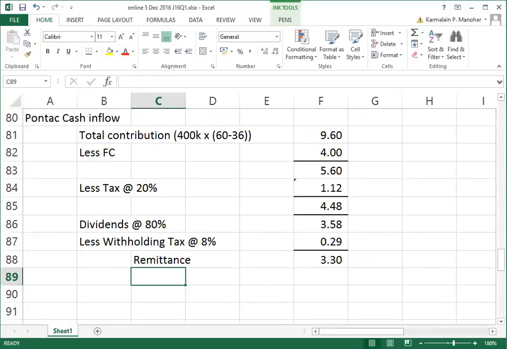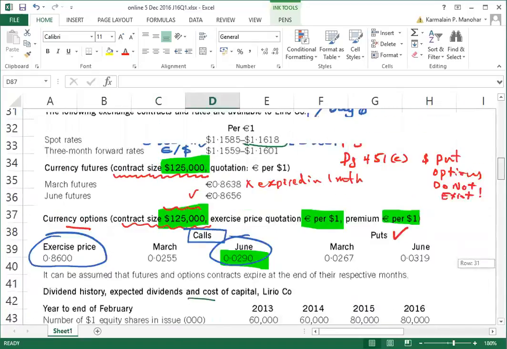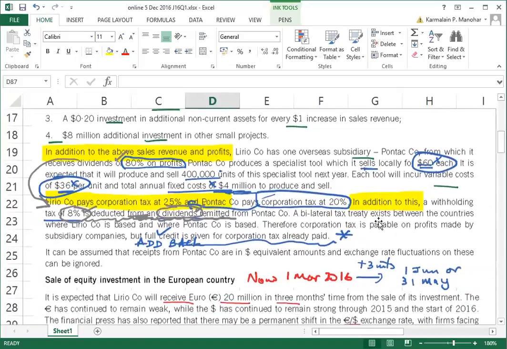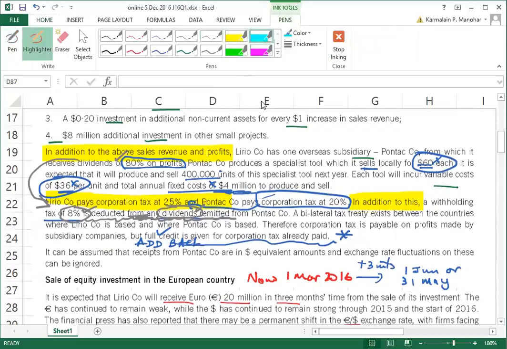So what's our tax credit? Would this withholding tax be subject to that credit too? Let's go back and see our treaty. Balance tax treaty exchange between companies. Therefore, corp tax is payable on profits made by subsidiary, but full credit is given for which tax?